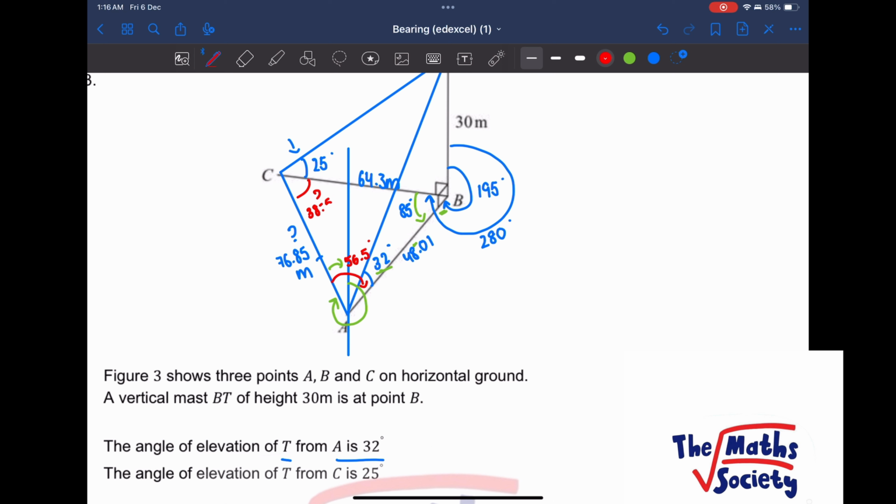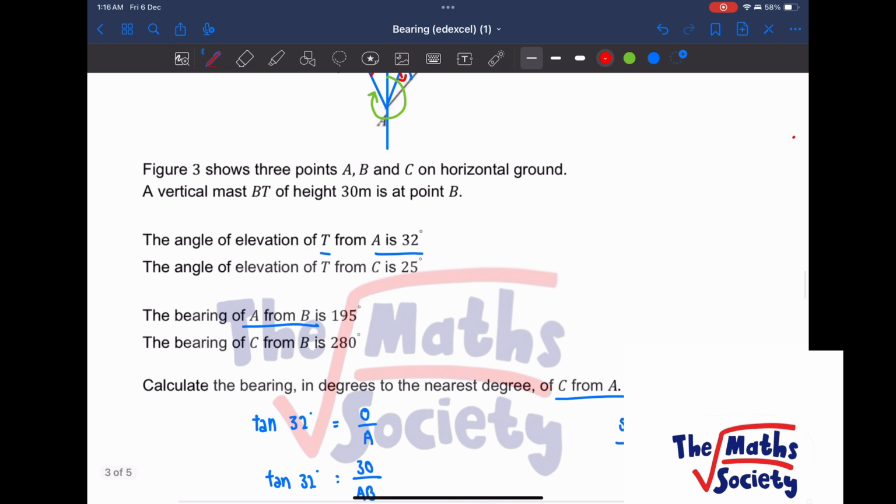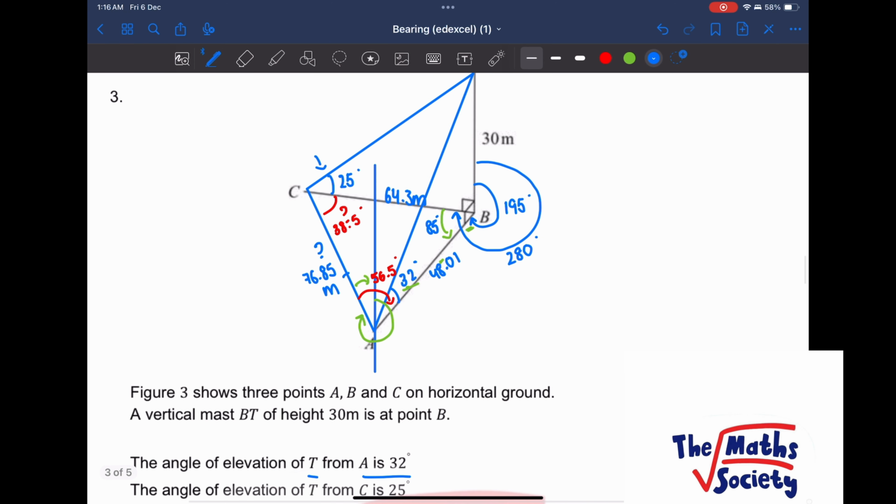Okay, so now we want the bearing of C from A. Because we want a bearing here, we need this little triangle, right? To know this little triangle, we need to know this angle. After knowing this angle, we can subtract it from 180, and later subtract more from 360 to get the small angle.